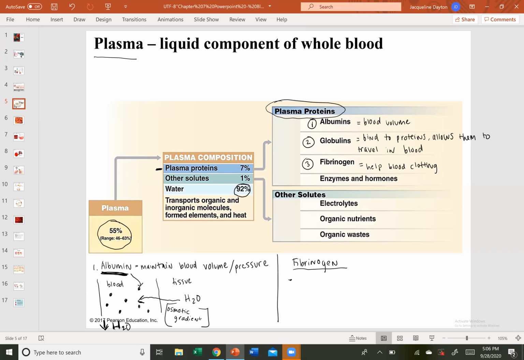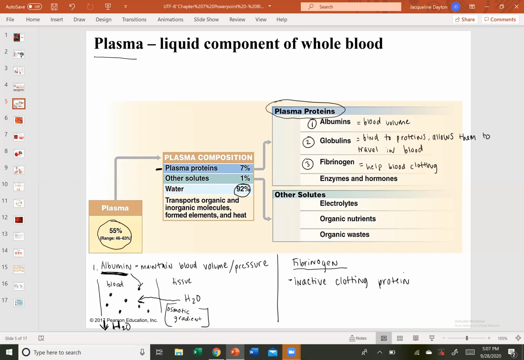And it's circulating as an inactive clotting protein, okay? If this was circulating in its active form, that would be very dangerous for you as a person, because then you are constantly having issues where your blood is clotting for no reason. If you have a blood clot develop for no reason, that can easily cause an obstruction in your blood flow, which could lead to a stroke.